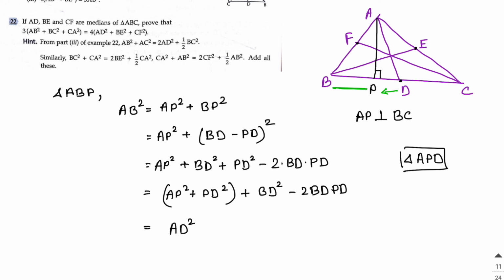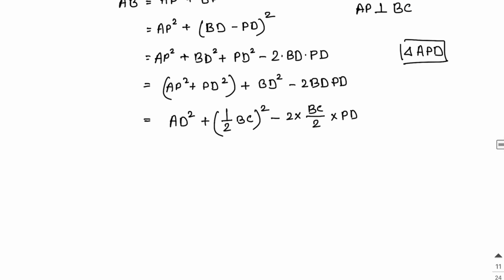Clear? By Pythagoras theorem. And here BD, D is the midpoint. So in the place of BD, you can write down half BC whole square, because BD is the half of BC. Then similarly you can write down here in BD, BC by 2 and here PD. Okay, I hope it's clear. Now here 2 cancel out.